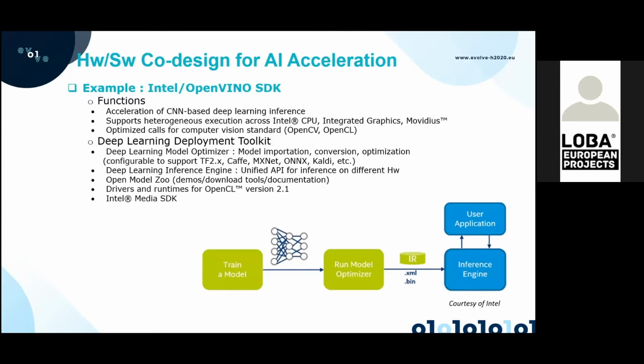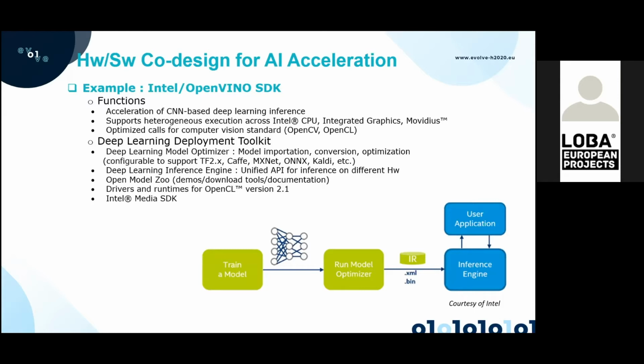So, as said before, this is an example of a layer of middle-level, general purpose software which can be used together with a large family of hardware accelerators for AI.